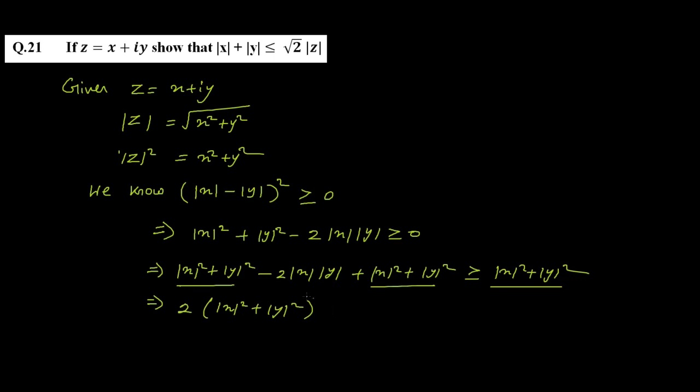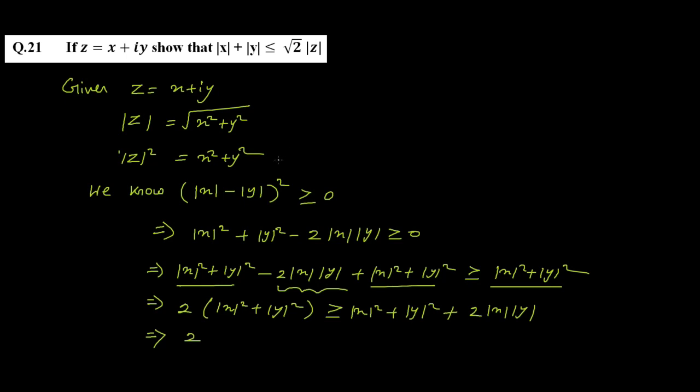and this minus 2 mod x mod y I will take to the right side. So this will become mod x square plus mod y square plus 2 mod x mod y, from the left side I brought it to the right hand side. So this will become 2 into mod x square plus mod y square.